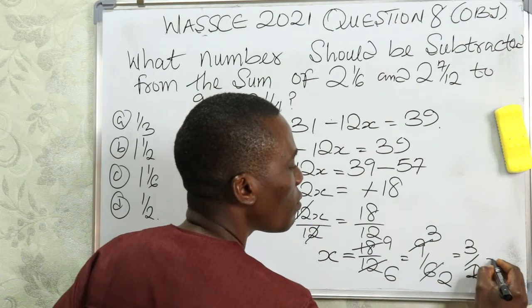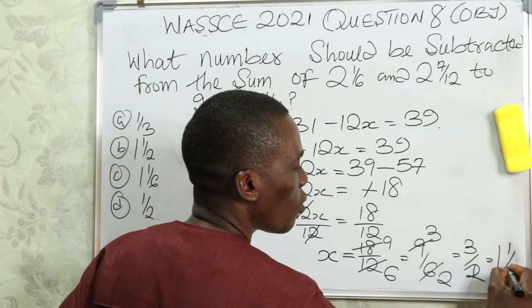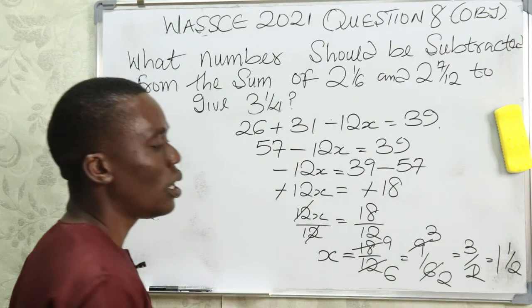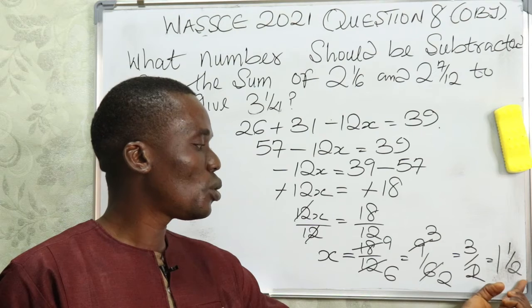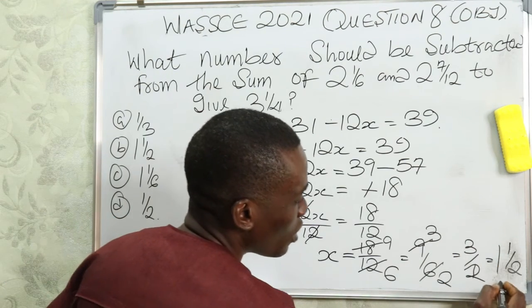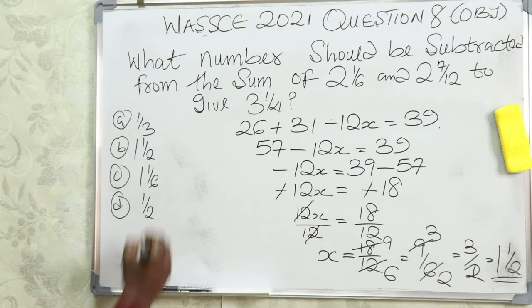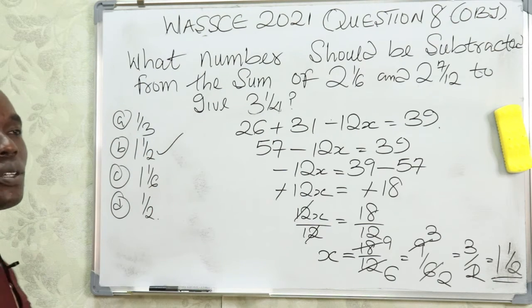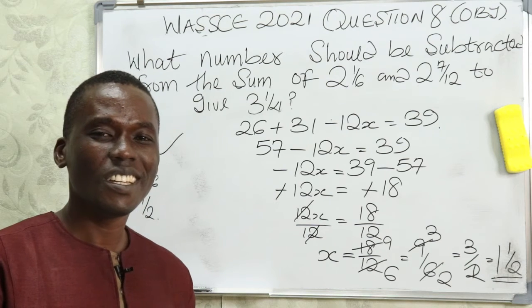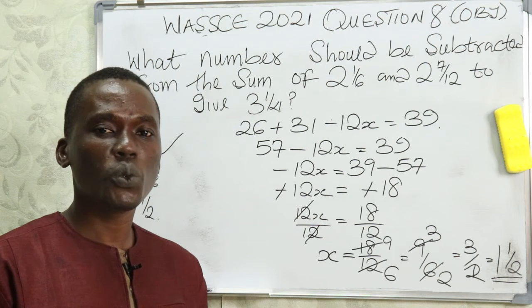So if we want to simplify this further, this will be 1 whole number 1 over 2, because 2 times 1 will give us 2, plus 1 will give us 3. So our solution will be 1 and the half. That's the right option.